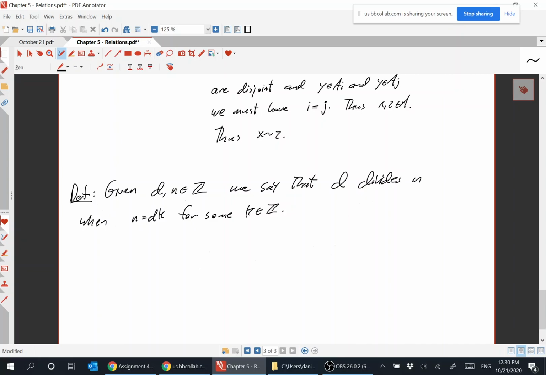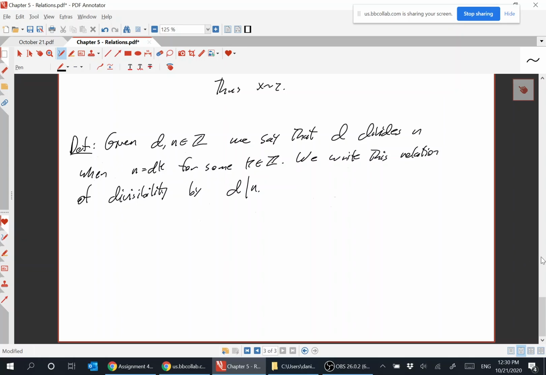So n is a multiple of d, or n divided by d is still an integer, or whatever. All these things are equivalent. We write this relationship d divides n. Use this vertical line notation here.